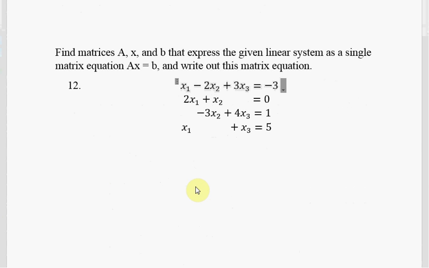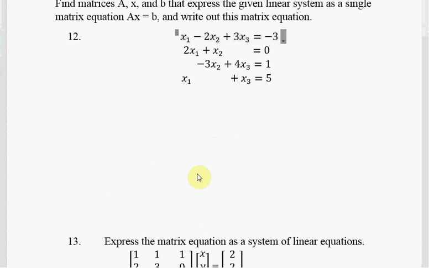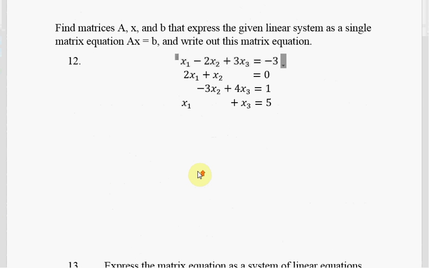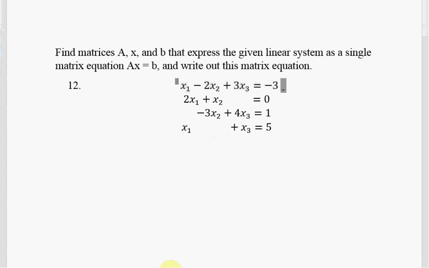There's a question from the homework, and also a question online. It says, find matrices A, X, and B that express the given linear system as a single matrix equation, AX equal to B, and write out this matrix equation. Why don't you go ahead and do that for me right now? Do you see what they're asking for?